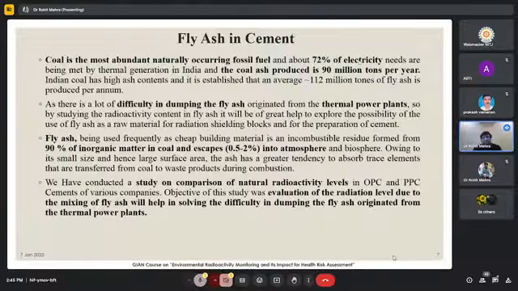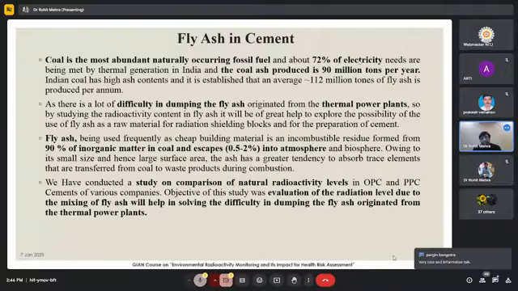Nearly, if you see the data, 90 million tons of fly ash is produced per year in India. To dump this fly ash, there was a problem. With the choice of fly ash in the cement, that problem got solved.